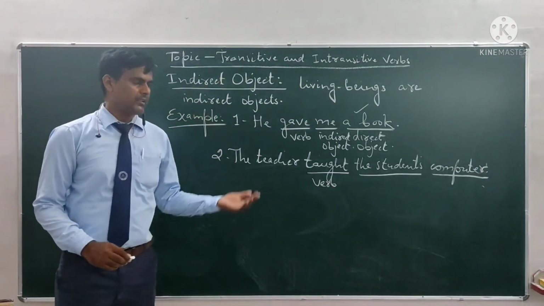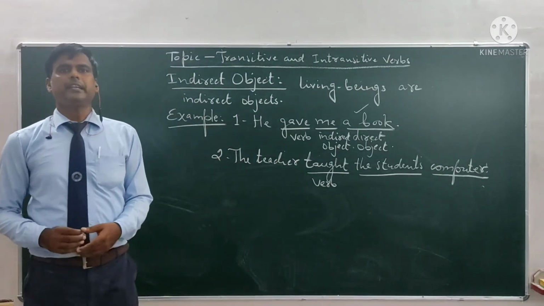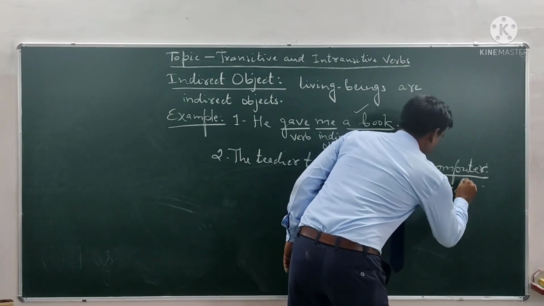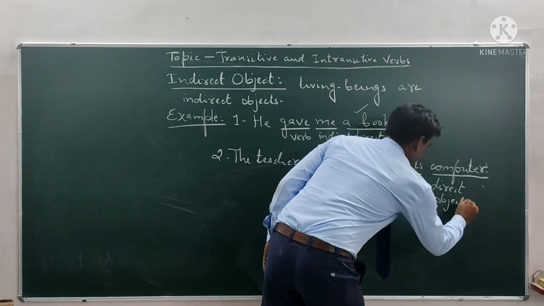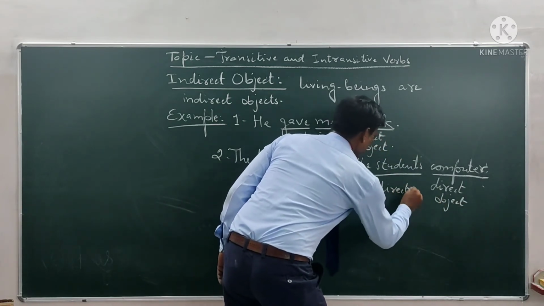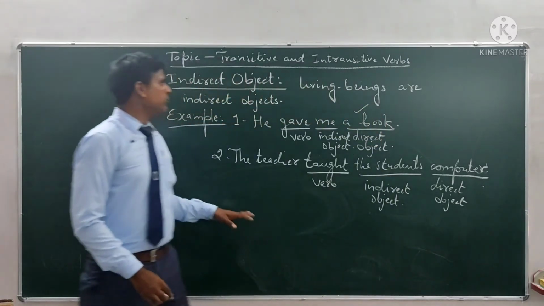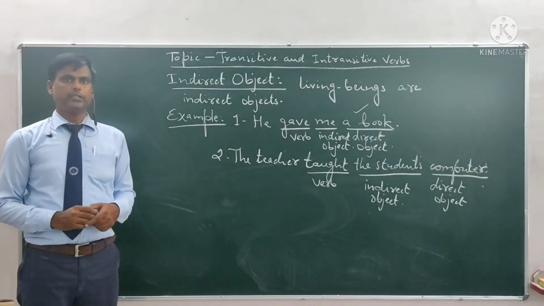We know that the non-living things are direct object and the living things are indirect object. So this is direct object and this is indirect object. Okay? Now I think you have understood the difference between direct and indirect object.